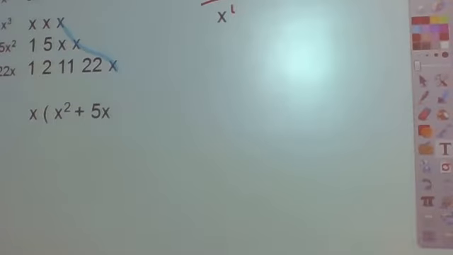Are you guys writing this down? x squared divided by x to the first power: 2 minus 1 is 1. Minus, I didn't pull out a number, so 22 is still in there. But x divided by x is 1. And there it is. That's how you factor it.